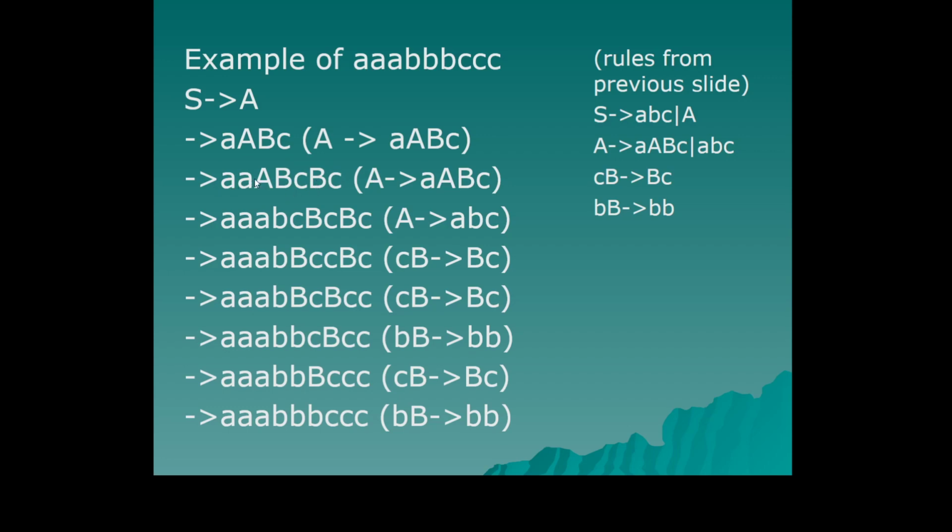Again, going left to right, we replace our final capital A symbol with ABC. So we choose the second option. And so we get a, lowercase b, lowercase c, capital B, lowercase c, capital B, lowercase c. So this is the problem we were talking about with our other language. If we just had lowercase b's here, we're out of order, right?